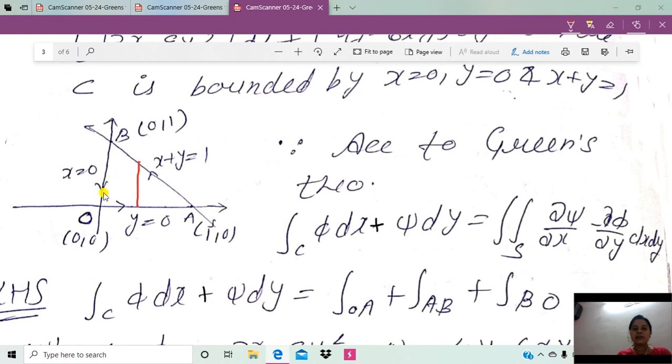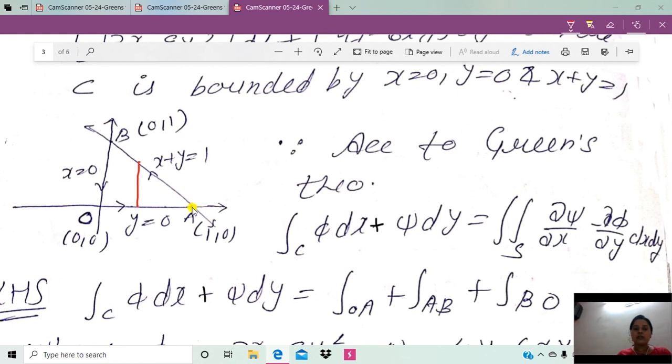And here we have to make our first vertical strip, and here we have the last vertical strip. So the limits of x will be from this point up to this point. Here, this is the point 0 0, therefore the lower limit of x will be 0, and this is the last point up to which we have to make the vertical strip to cover up the whole surface.